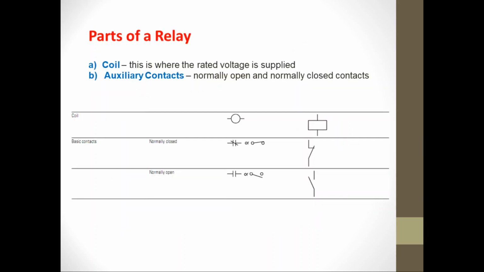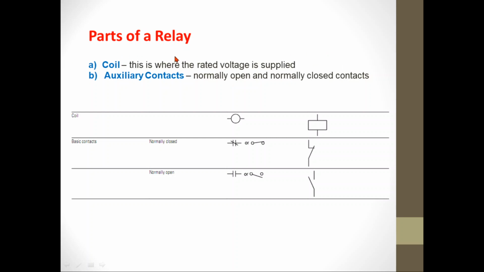The parts of a relay are, first, the coil, and second, the auxiliary contacts. For a relay to operate, the coil must be given its rated voltage.